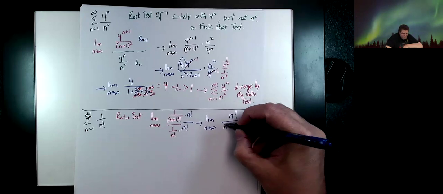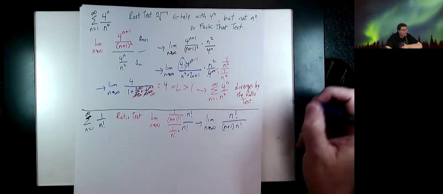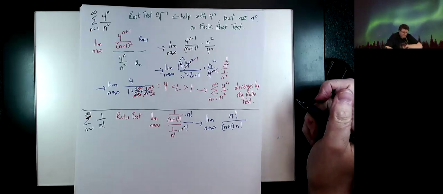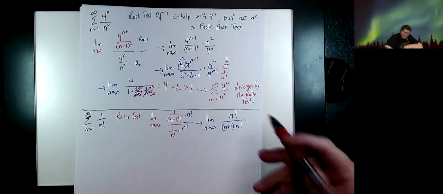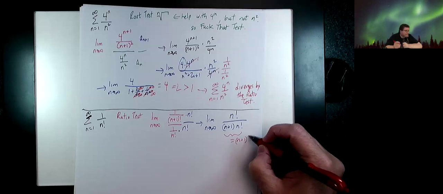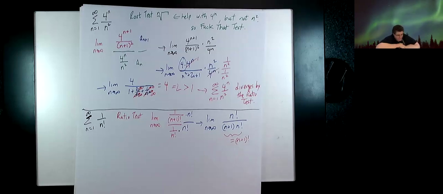This is n plus 1 times n factorial. This does equal n plus 1 factorial. But that's why the ratio test works here, because it cancels out the factorial part.